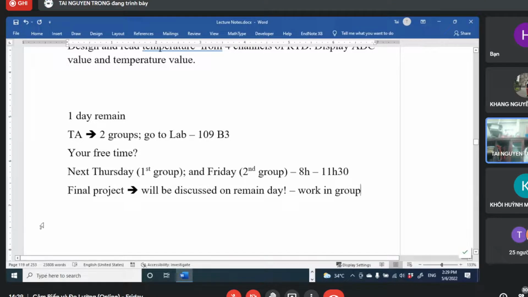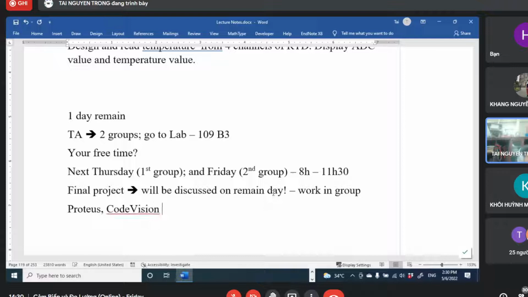Okay, software. It should be some, and sometimes visual.